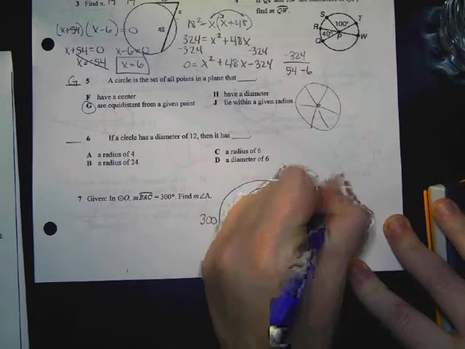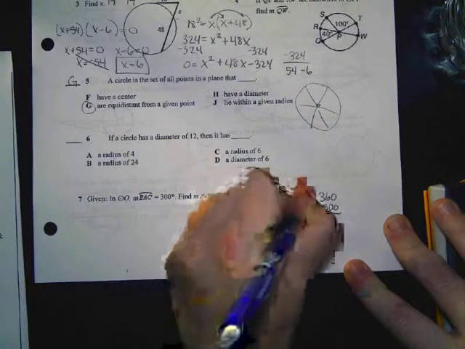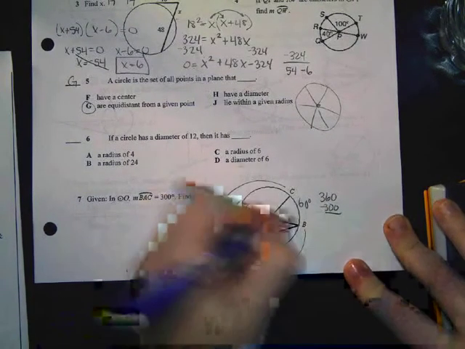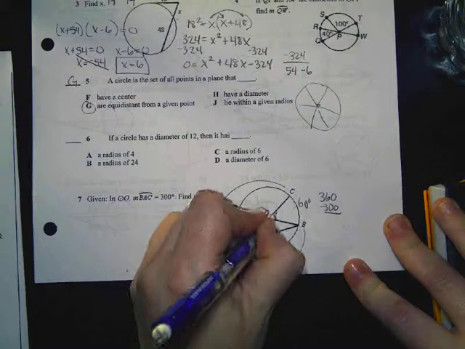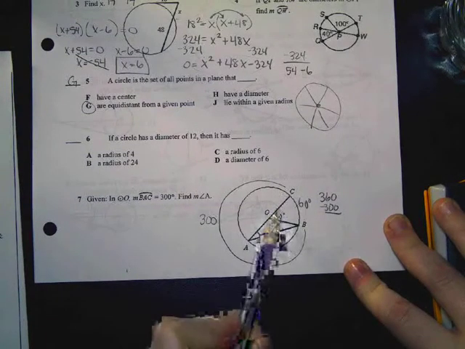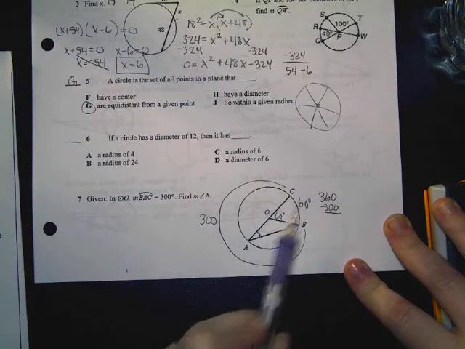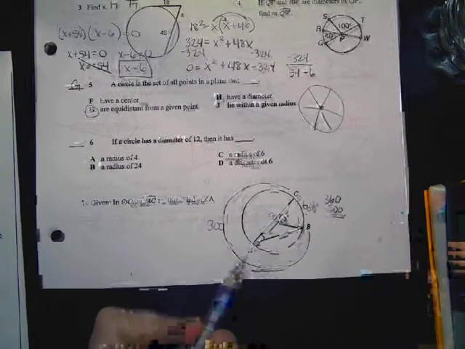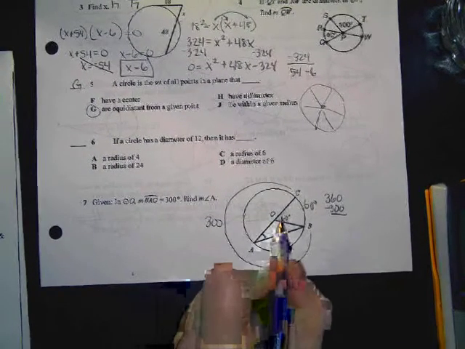So if I do 360 minus 300, that leaves me 60 degrees for CB. I can bring that inside to the center of the circle because angle COB, this angle right here, is a central angle, which means it's the same as its arc. And then I could move over.